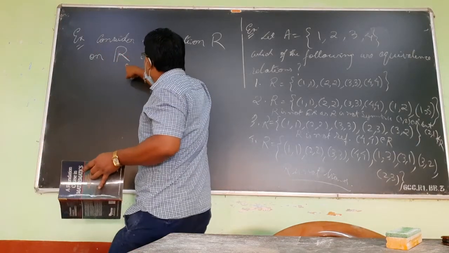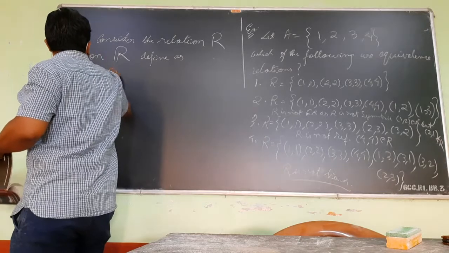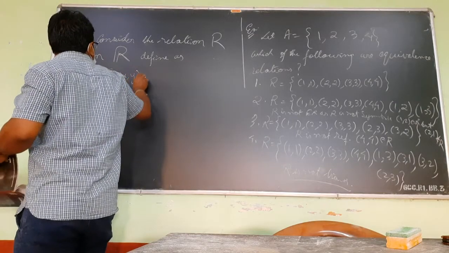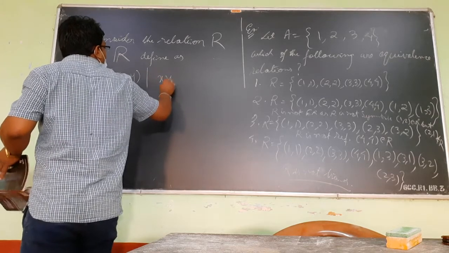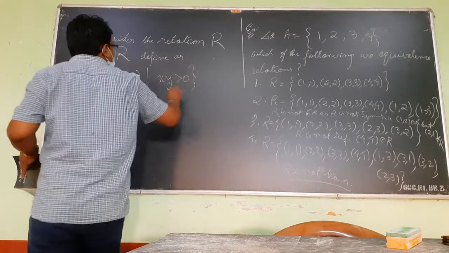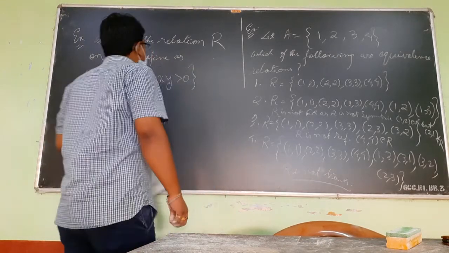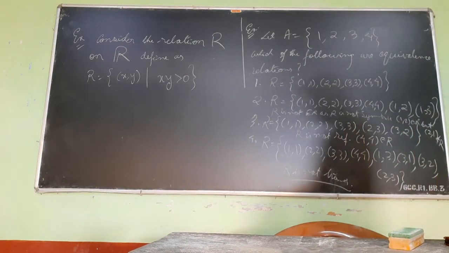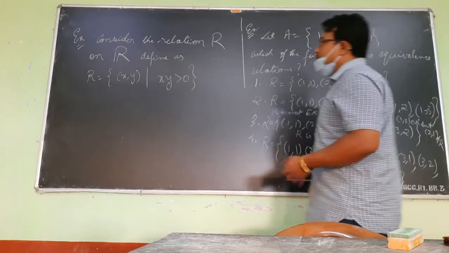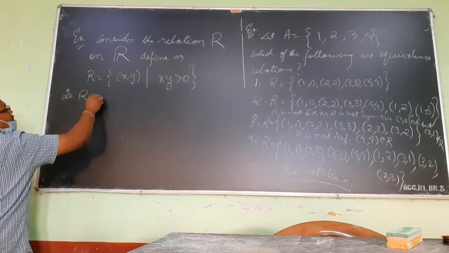This is the set of real numbers, and this is the relation defined as R equal to the set of all those xy such that x into y is strictly greater than 0. Is R an equivalence relation?